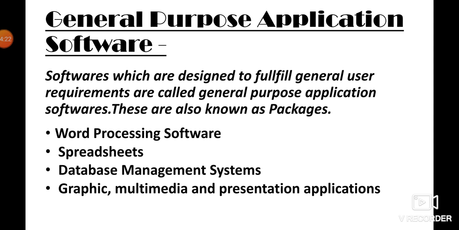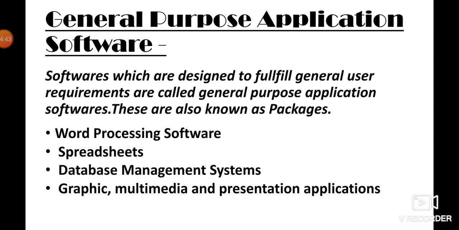And some other software: we need software for typing, for preparing documents, for making letters, for making reports, or for making spreadsheets, or for doing calculations, or for storing data. These are some general requirements which many firms have.